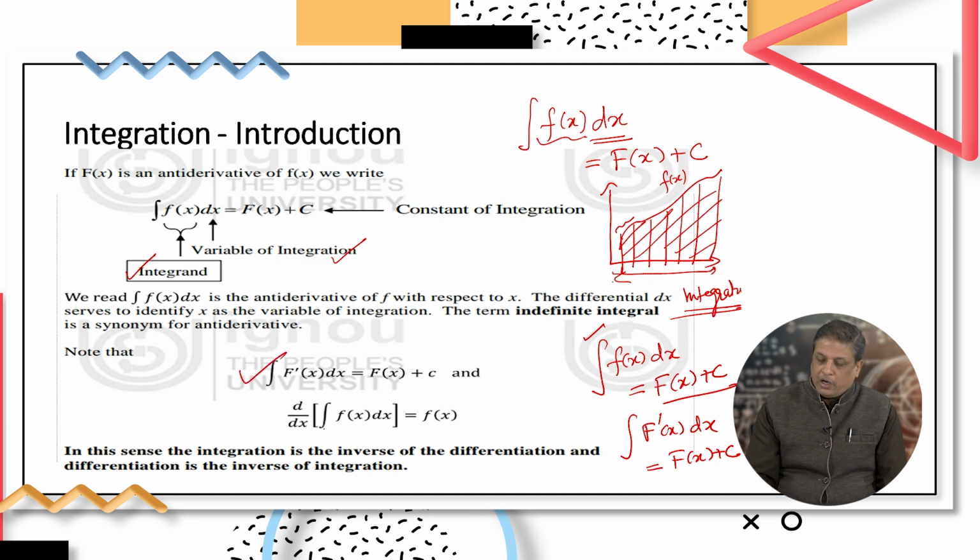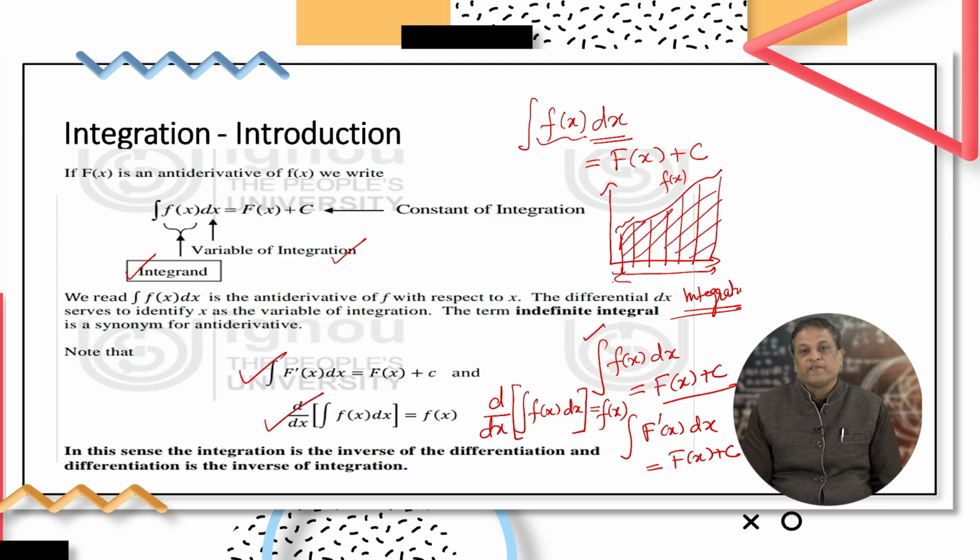Because both integration and differentiation are opposite to one another, you can say that d/dx of the integral of f(x) dx, the derivative and integral will cancel, so you will have only the single function f(x). I mean to say that differentiation and integration go hand in hand, and both are opposite of each other.